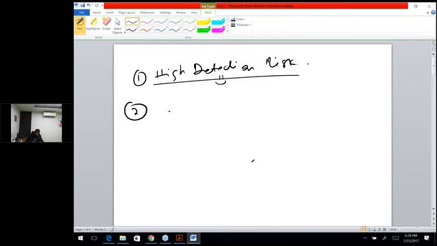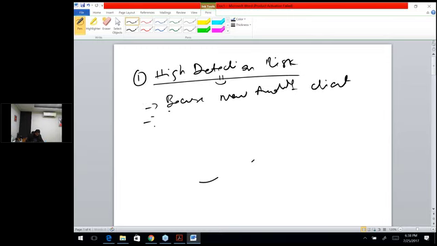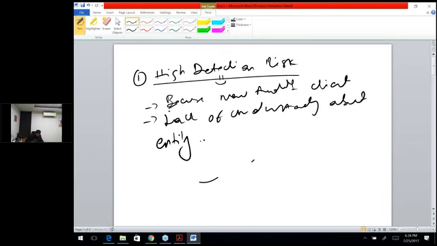So you should actually say that the detection risk is high because it's a new audit client, and since it's a new audit client, there is a lack of understanding about the entity.